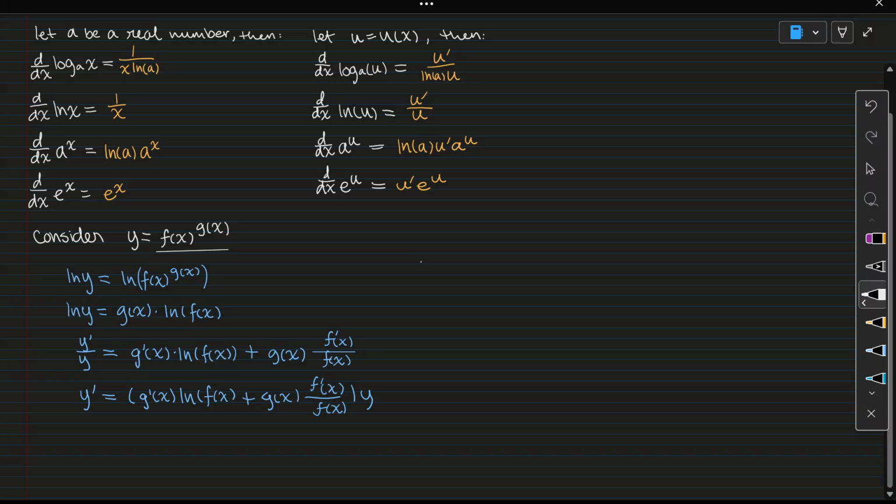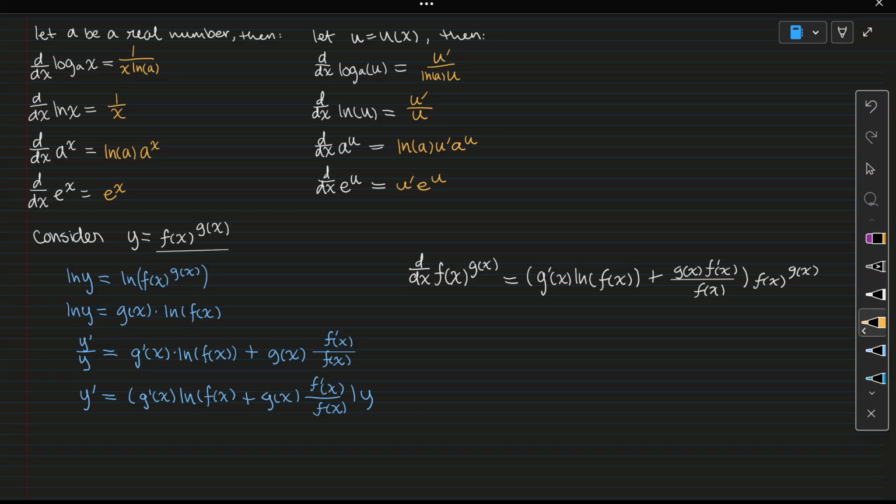So I finally get that the derivative with respect to x of f of x to the g of x, because remember that's y, is equal to g prime of x times ln of f of x plus g of x f prime of x over f of x times f of x to the g of x. And this is the general case, but it kind of highlights what steps we're going through for any of these problems, right? So the first thing I did was take the ln of both sides.